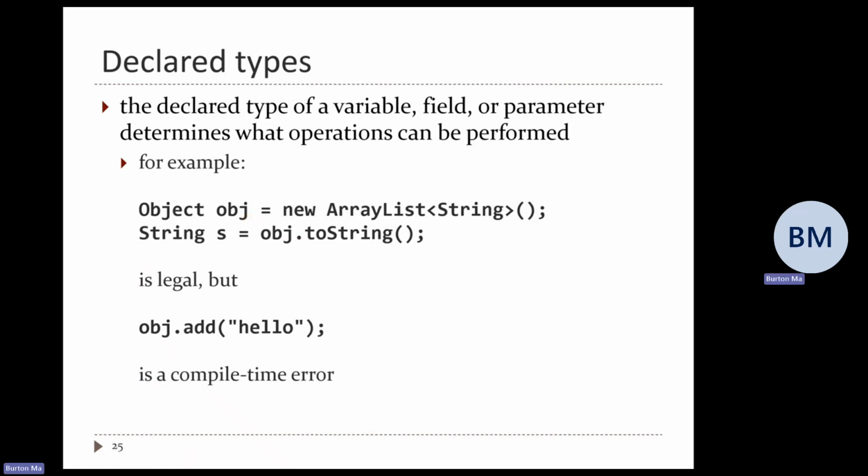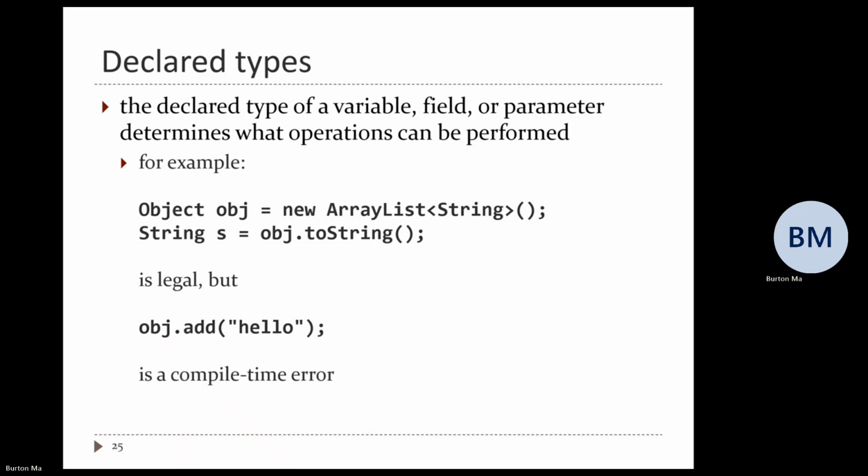Using obj, what methods can I use? Well, I can call toString, because Object says that there is a toString method. Now, when you look at this code, you say, hey, obj is an ArrayList, so ArrayList has an add method. But if you try to write obj.add, the compiler will say that's not allowed.